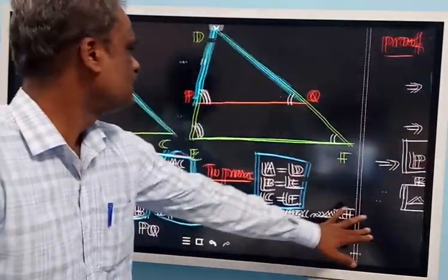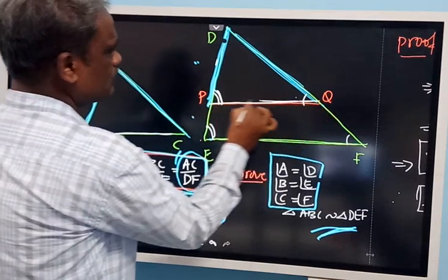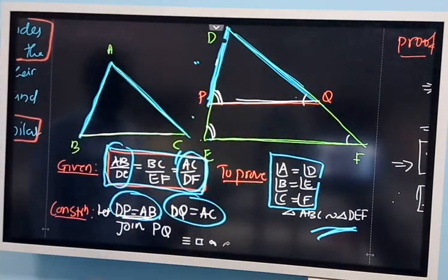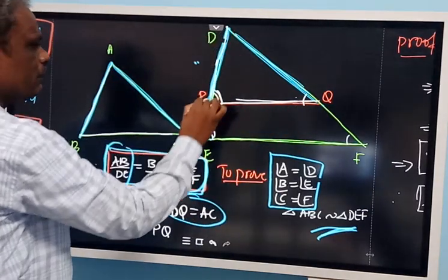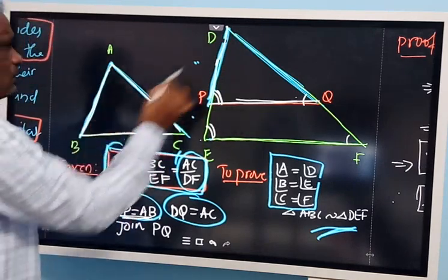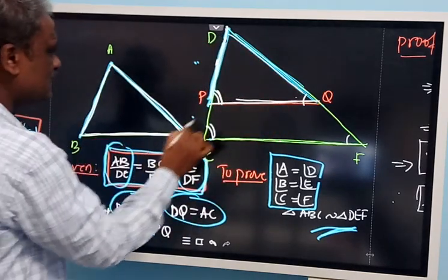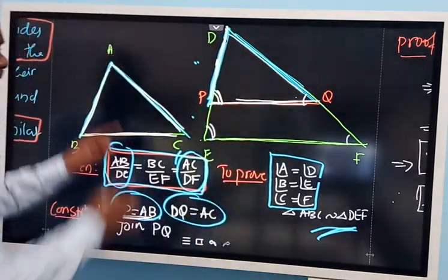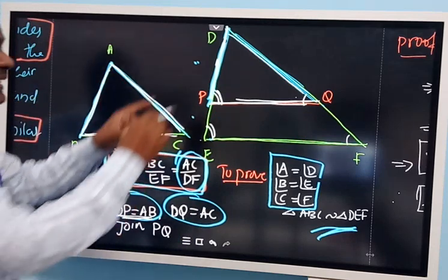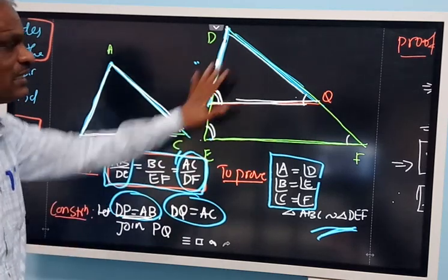Now look at this, come to this one. We proved that BC is also equal to PQ. In the data, we have taken AB is equal to DP and AC is equal to DQ by construction. Now we proved that BC is equal to PQ. All the three sides of this triangle are equal to the corresponding sides of this triangle.